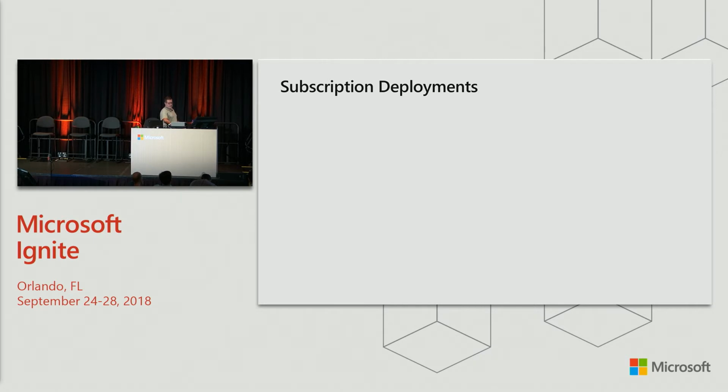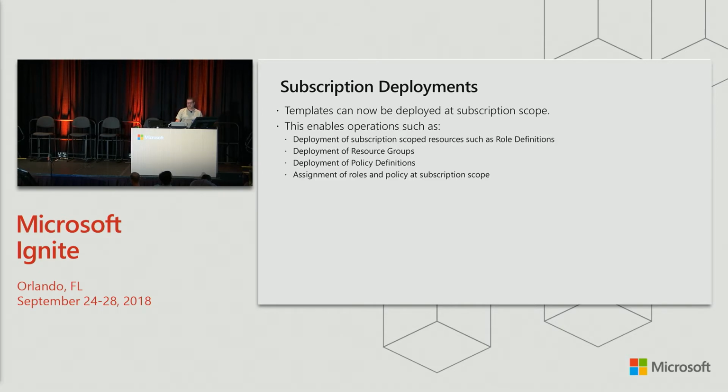Up until this feature, the only way that you could deploy a template was under a resource group, in other words, a resource group scope. This means that templates were only good for creating resources inside of a resource group. If you wanted to create or manipulate resources that didn't live inside a resource group, then you had to do something else. So now we can do this subscription deployment.